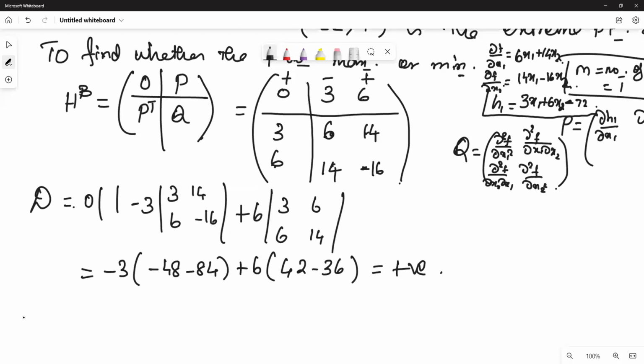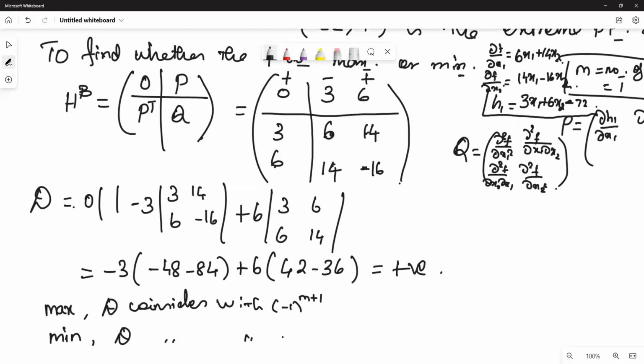The function is of maximization type if the sign of D coincides with the sign of (−1)^(m+1). The problem is of minimization type if D coincides with the sign of (−1)^m. What is m?